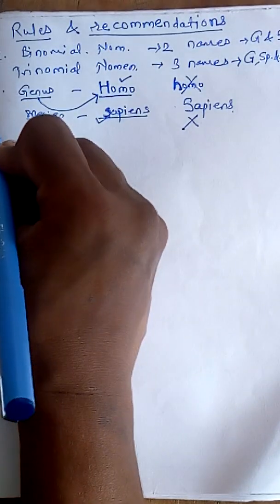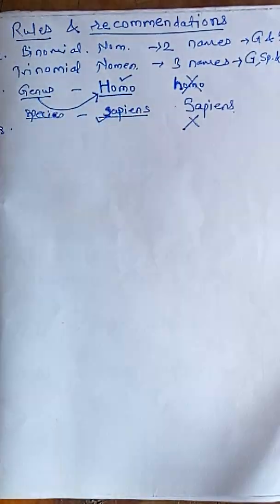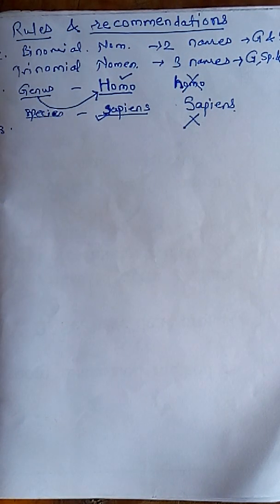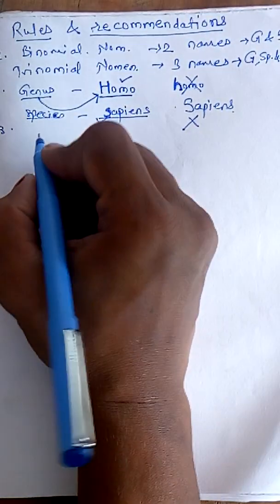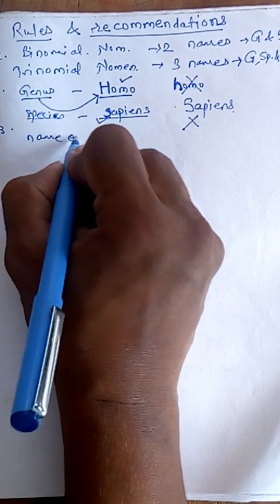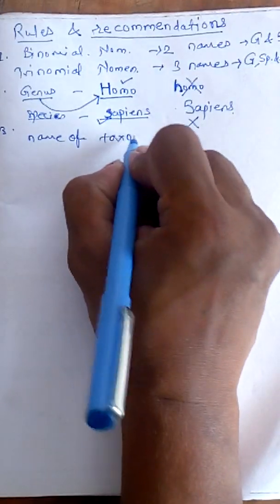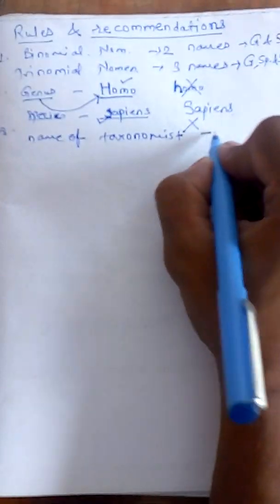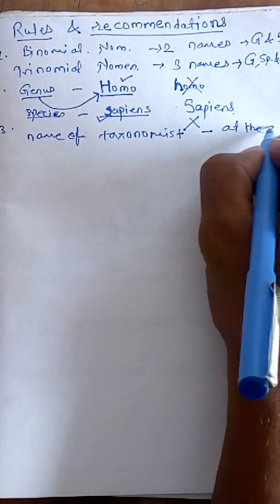The third rule is that the name of the taxonomist who discovered that particular species, or who just gave the name, we have to add at the end of the scientific name.